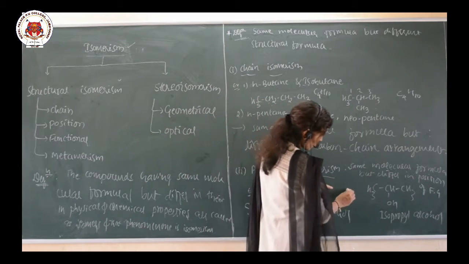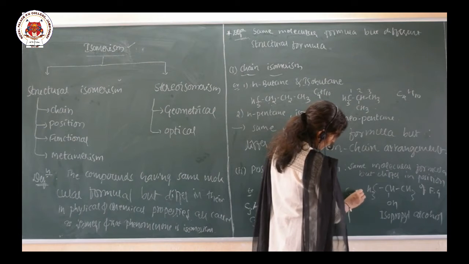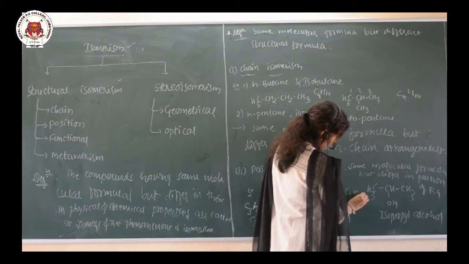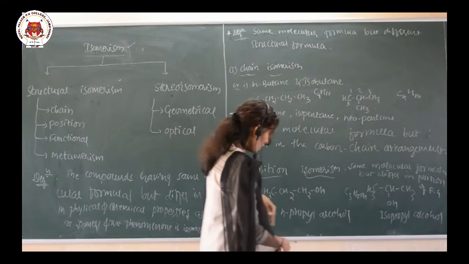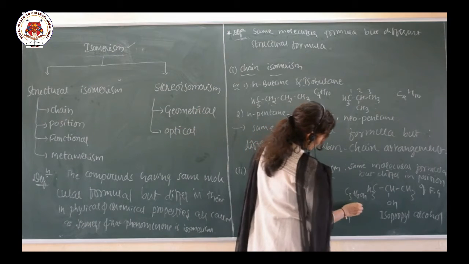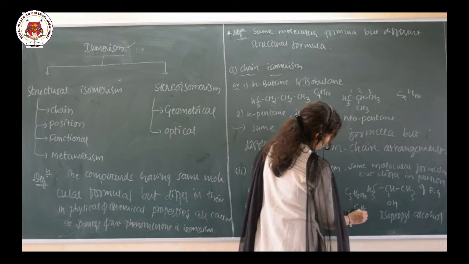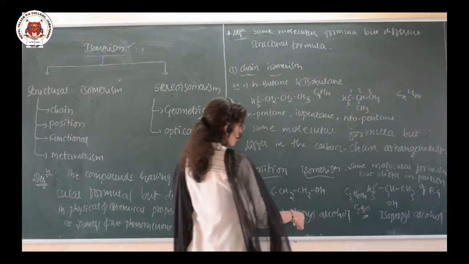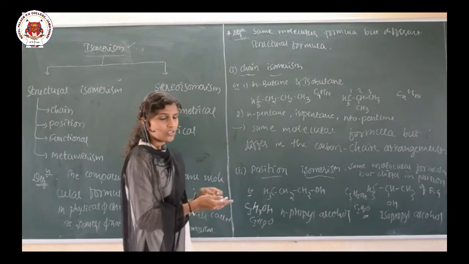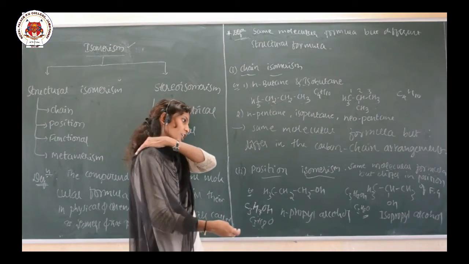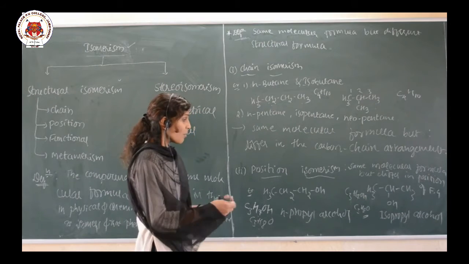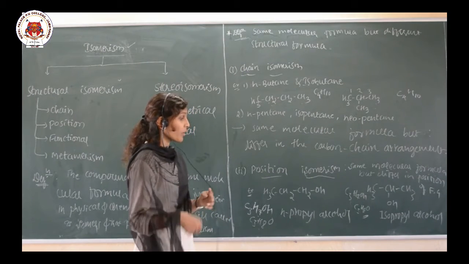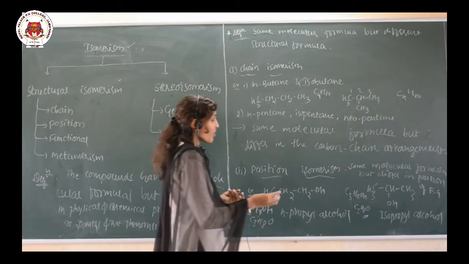Here C3H7OH, or else you can write C3H8O. So the molecular formula is the same in both cases, that is C3H8O, but the arrangement of the functional group differs. Which functional group is there here?